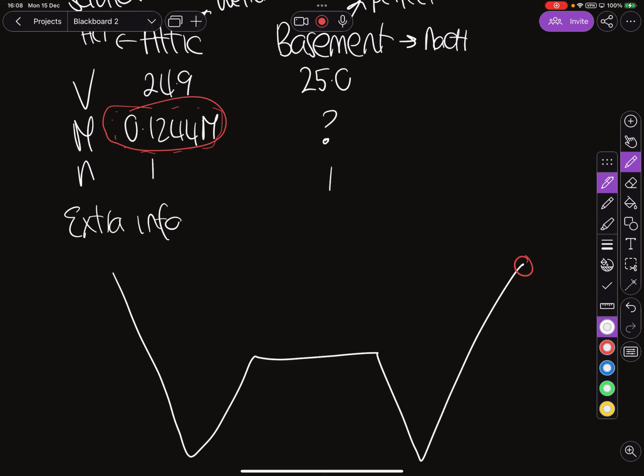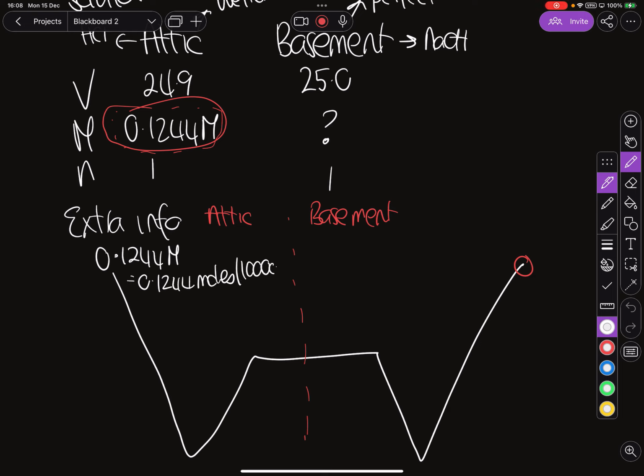So the first thing that we always do is, if you wish, you can divide it in half. So this left side today is going to be the attic side, and this right side is the basement side. It doesn't always follow that way. Sometimes the left can be basement and vice versa. But what we do is we use our way in, so 0.244 big M, and I always ask you to expand it, so that's 0.244 moles in 1,000 centimeters cubed.